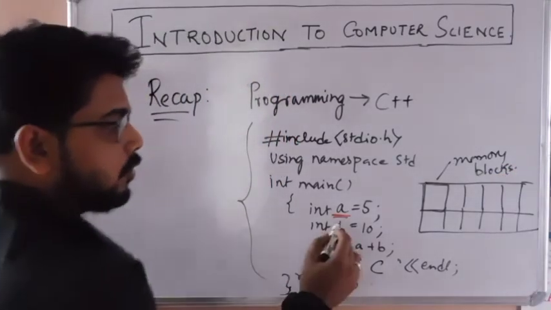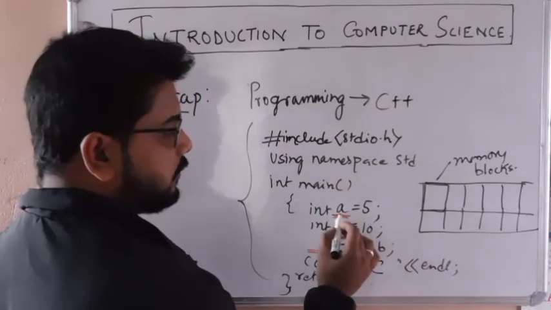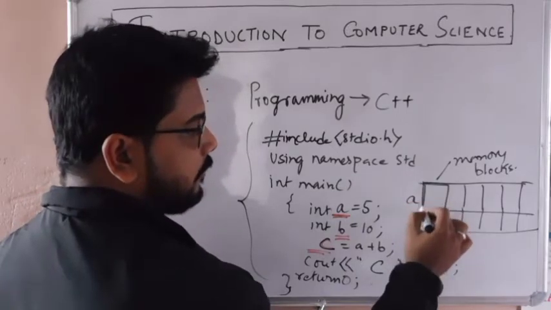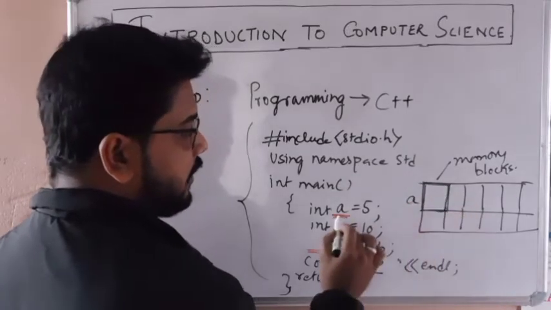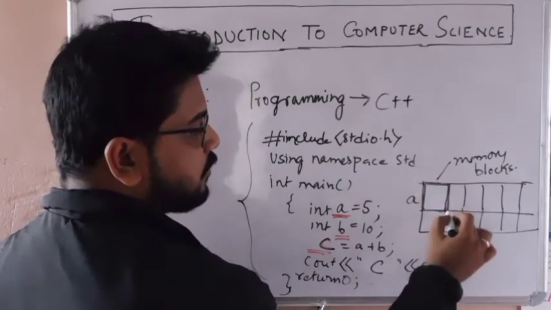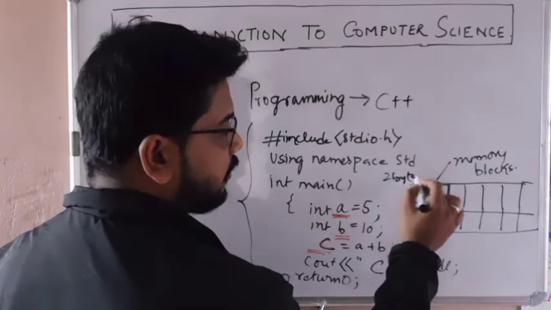When I write this program to add two numbers, A is a variable, so I have created this variable A, and it has this much memory, for example 2 bytes.